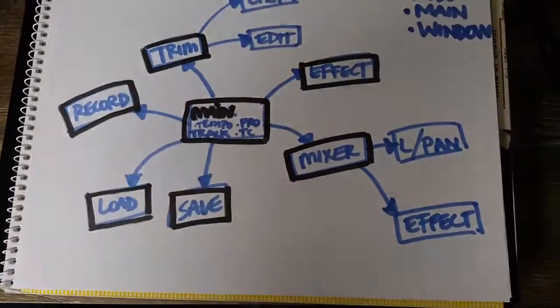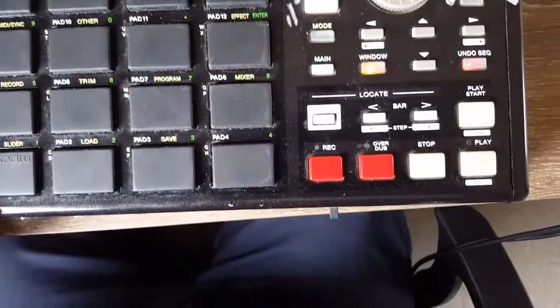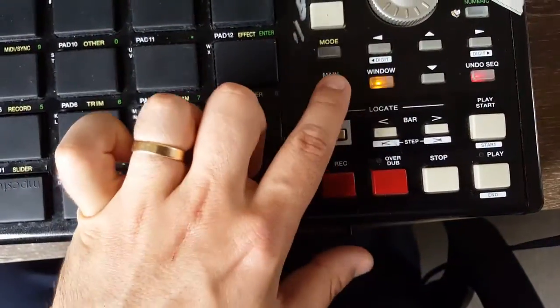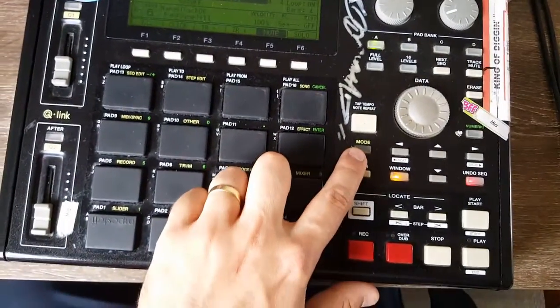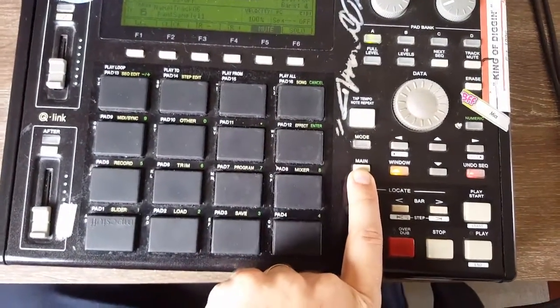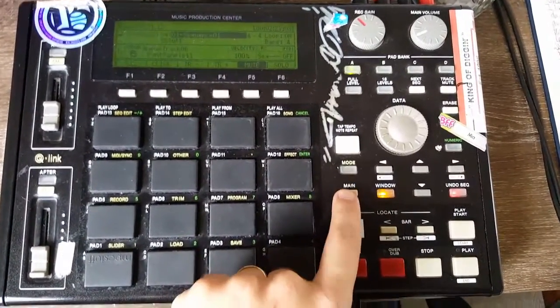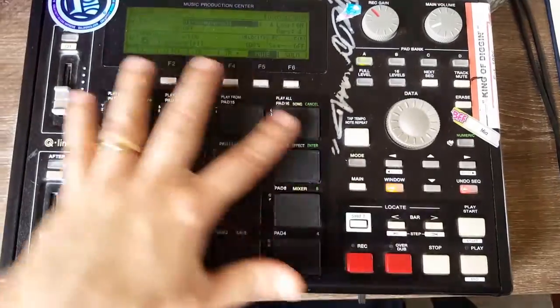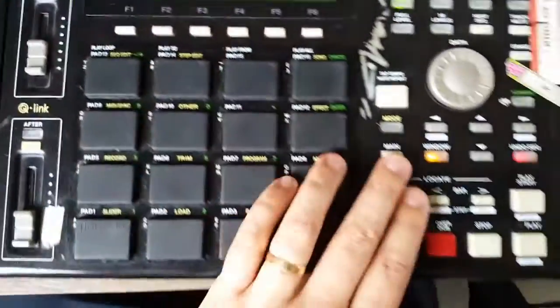Now, I really just want to quickly mention these 3 buttons right here. This is the mode, the main, and the window. The main, like I said, this button here, you're going to press as your home screen. It's going to take you back to the home screen.